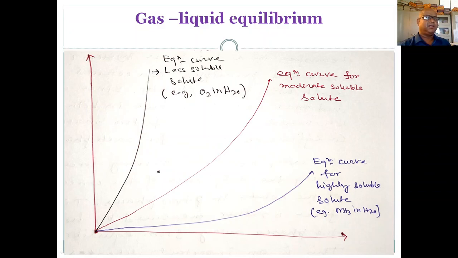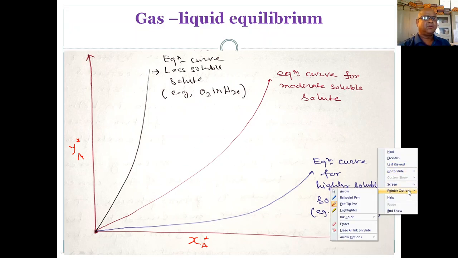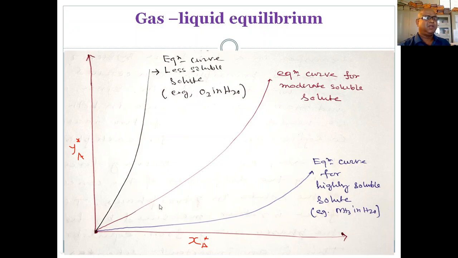Now let's take this as your x star and this as your y star. This line is the equilibrium curve for a moderate solute.